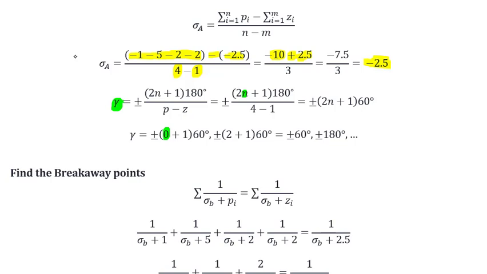Putting in 1 for n, that's 2 plus 1 times 60, which is 60 times 3, which is 180. So plus or minus 60, plus or minus 180, and then it repeats. Once it starts repeating, you can just stop. I'm not showing it, but if we put in 2 for n, that's 2 times 2 plus 1, or 5. So 5 times 60 is 300. That's where it starts repeating. So these are unique. Okay?